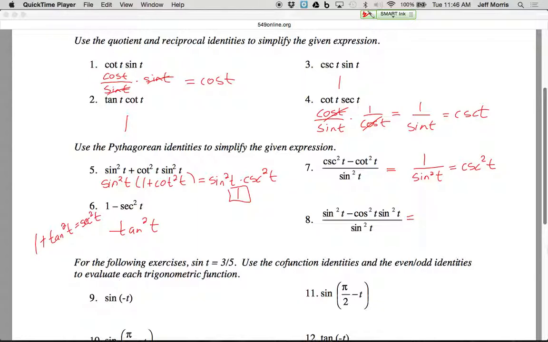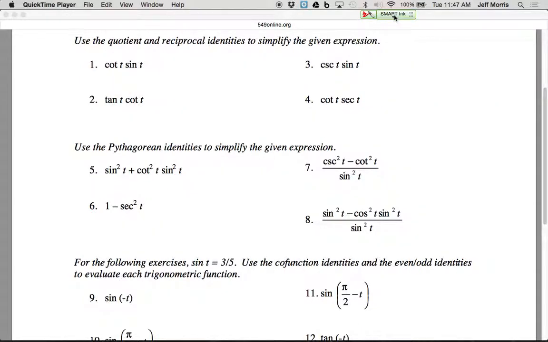All right. Next one is sine squared t over 1 minus cosine squared t over sine squared t. What happens to sine squared t's? They cancel. And then what's 1 minus cosine squared t? Sine squared t. So there's that one. This was negative apparently.